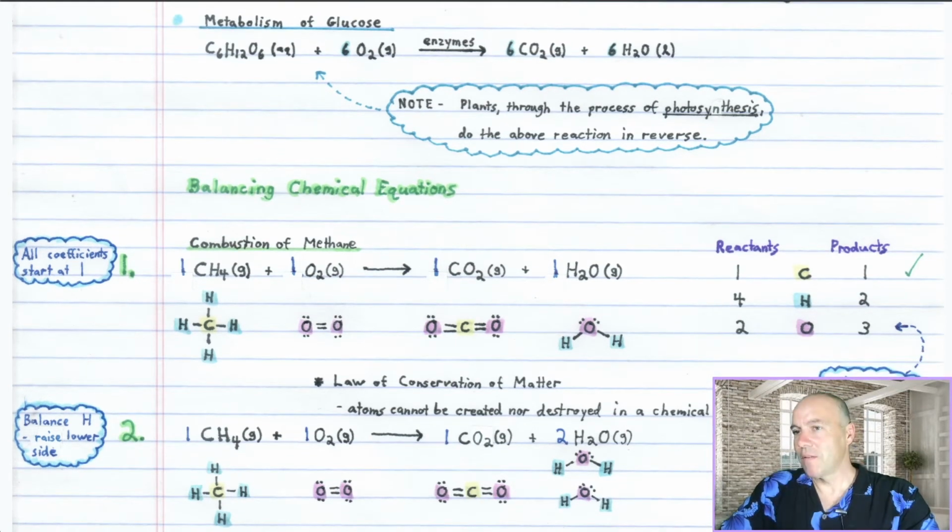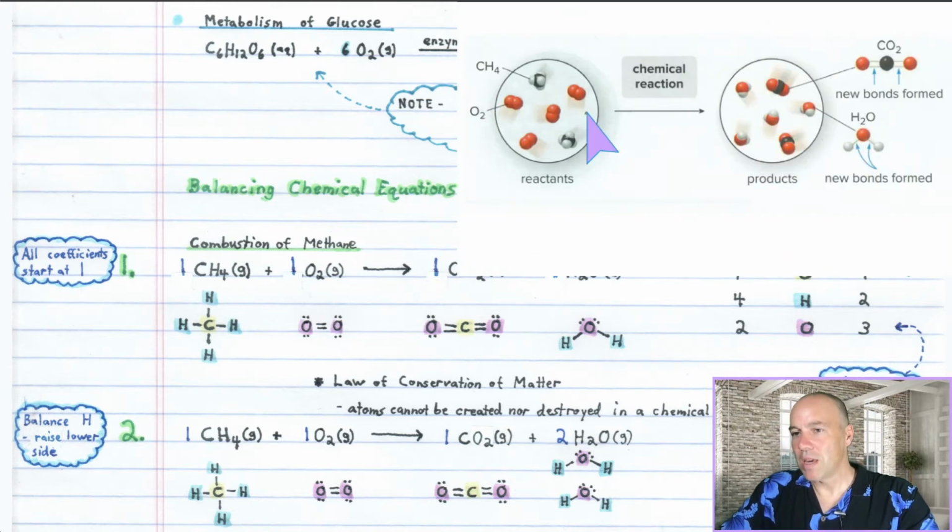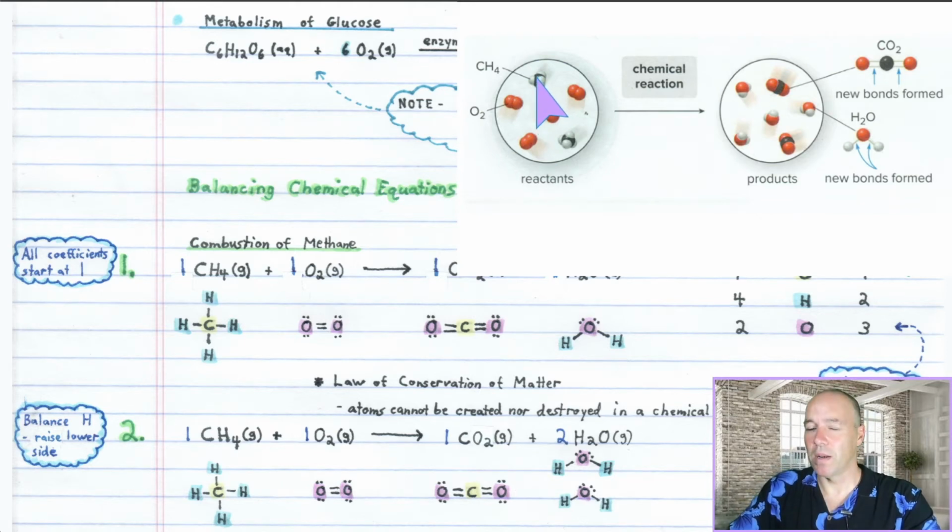Let's take a look at a few examples of either chemical changes or physical changes. So remember, chemical changes, you have different substances on the left versus on the right. This is an example of a chemical reaction that occurs between methane, which is CH4, and oxygen.